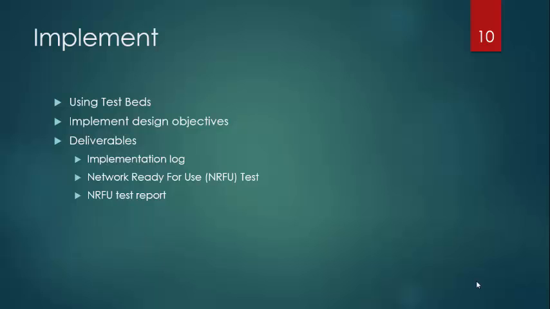NRFU is a kind of network test that network engineers do to test network device hardware, network services, links, routings, and etc. Okay, there's a log here which name is NRFU test report as well.